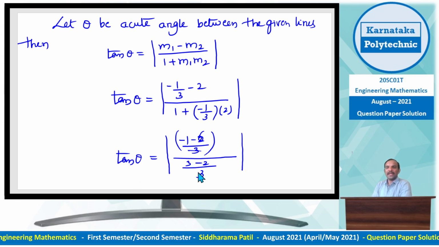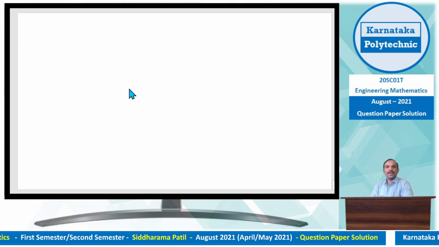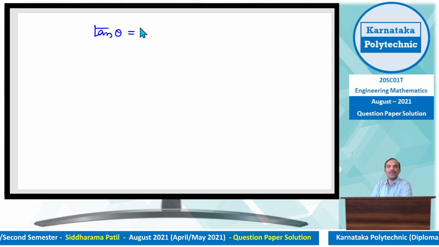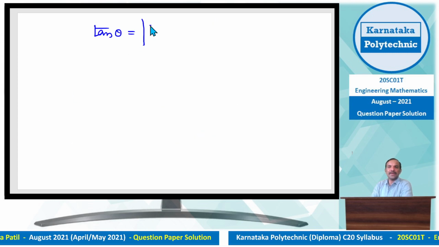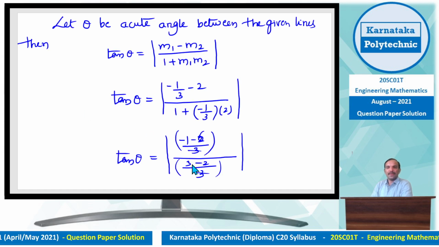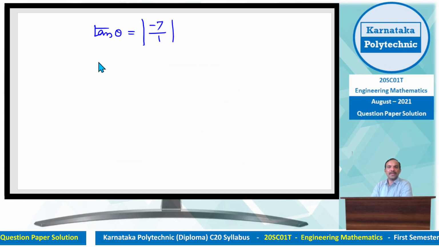Now the 3 cancels. The next step is tan theta equal to the modulus, the absolute value, of minus 1 minus 6 which is minus 7, divided by 3 minus 2 which is 1. That is tan theta equal to 7.